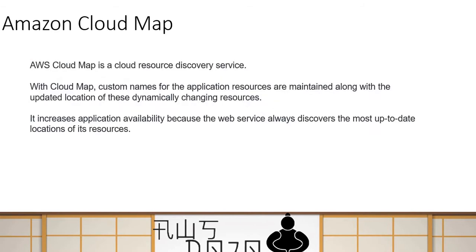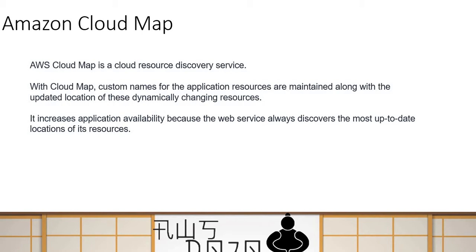Amazon Cloud Map is a cloud resource discovery service. In very simple terms, when you're building your application, you try to access your resources like microservices and your databases, tables, APIs, queues, topics of the SNS, EventBridge. There are many services you access.